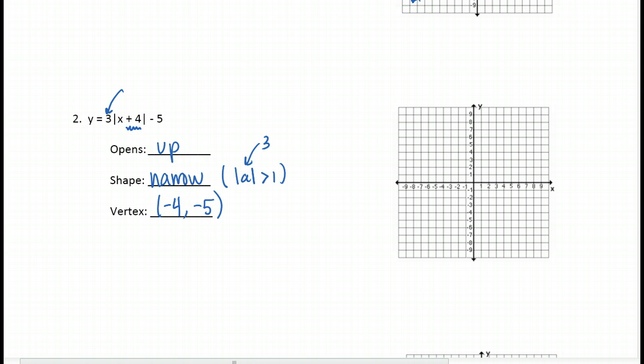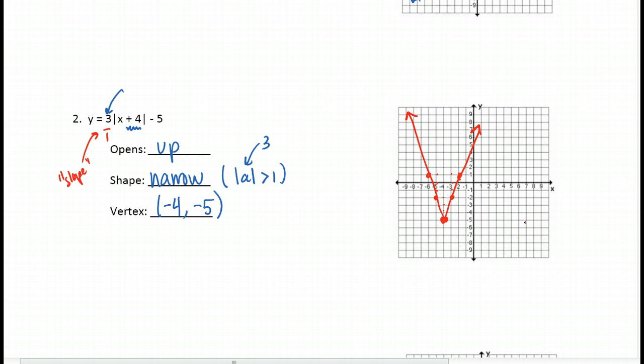So let's plot that point, negative 4, negative 5. And then I'm going to look at my slope of 3 over 1. So I'm opening up, so I'm going to go up 3 over 1 to get half my graph. And then I'm going to do it again, but I have to go the other direction. Up 3 to the left 1, and there is my absolute value function.